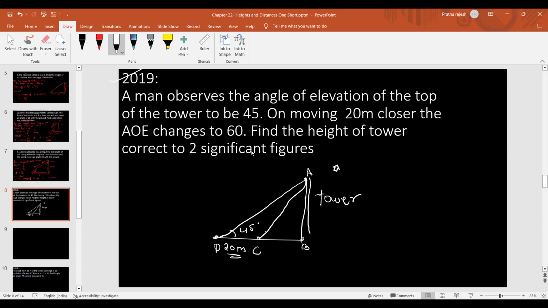Now he's moving 20 meters nearer to the tower, and his angle of elevation changes to 60 degrees. Clear? Now we have to find the height of the tower, correct to two significant figures. Let us see how this problem is solved.